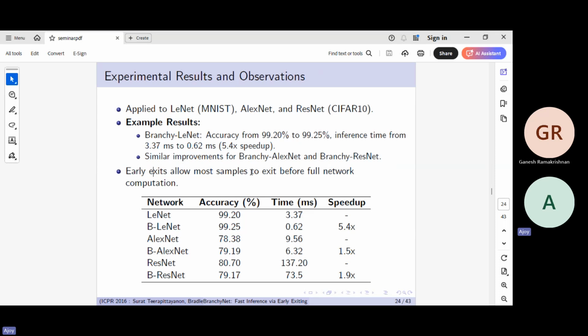These are the experimental results they found on BranchyLeNet. They found the accuracy to increase slightly and the speedup to be 5.4 times, and AlexNet 1.5 times, and ResNet they found 1.8 times.